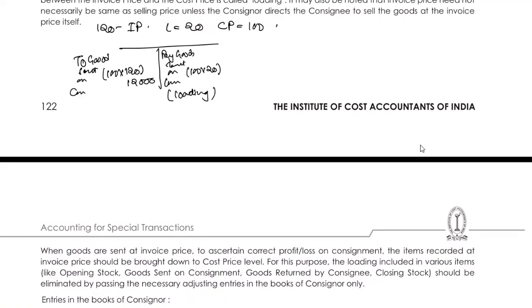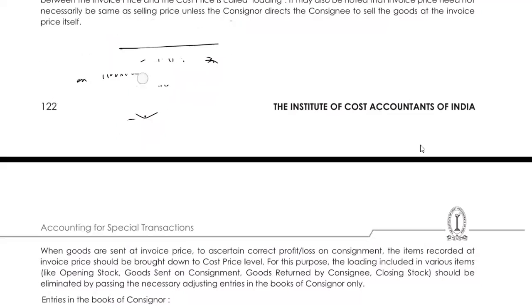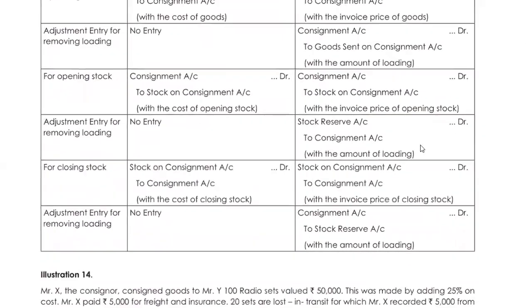So what actually happened? This 120 and this 20 get adjusted, and in your books 100 is recorded at cost price. Everywhere, wherever there is loading, an adjusting entry will be passed opposite to that. That's the only change that has to be done. I won't go into the general entries. We'll directly move on to the illustration and see how it goes.